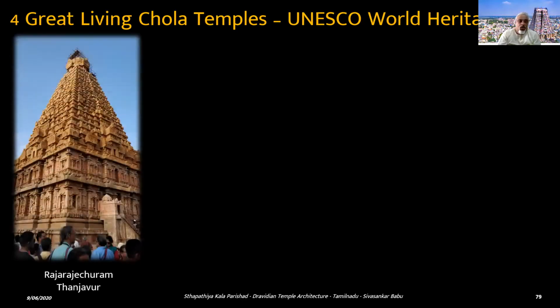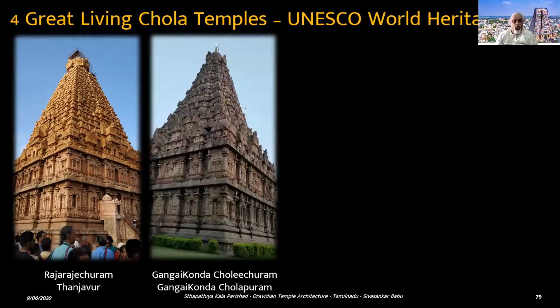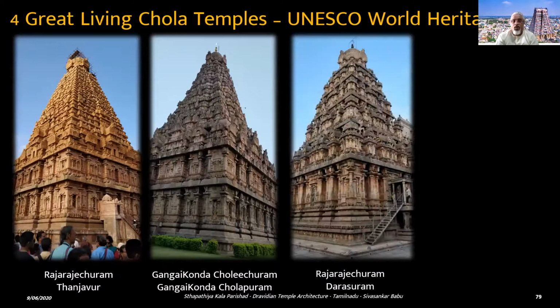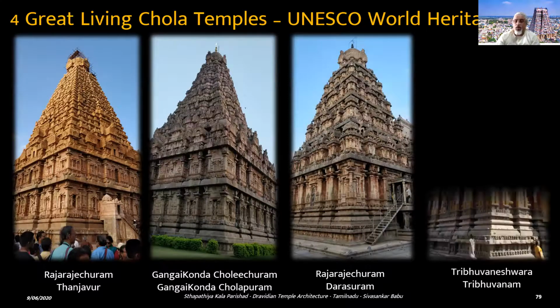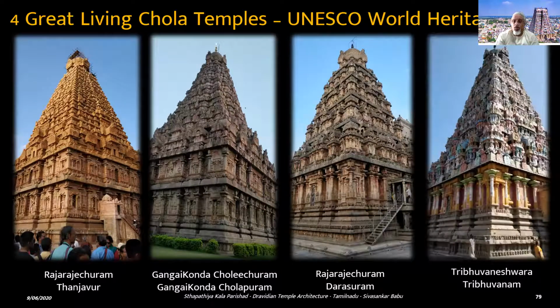So they are one, the Rajarajeshwaram temple in Tanjavur, and the second one built by Rajendra in Gangakonda Cholapuram. The third one is Rajarajeshwaram in Dharasuram, and the fourth one, Tribhuvanam temple by Kulottunga. These are the four big temples, and let us see in brief what is common among them and what are the differences.